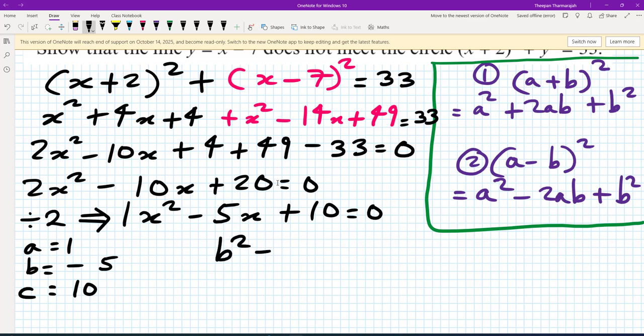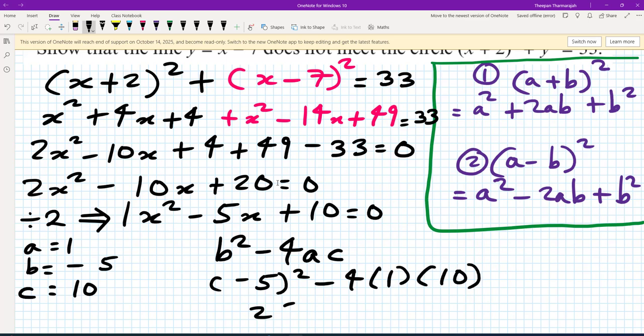So therefore, b squared minus 4ac, what does that give me? Well, I get (minus 5) all squared minus 4 times 1 times 10. Well, 25 minus 40 is certainly minus 15, which is less than 0.